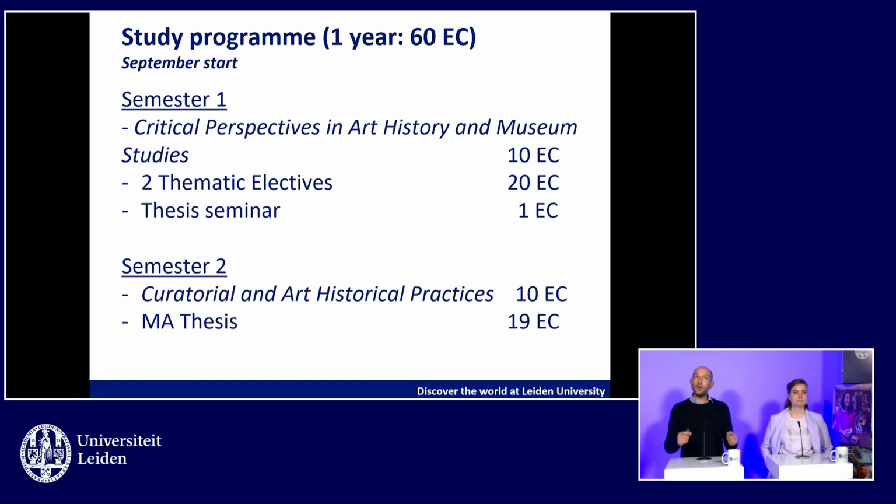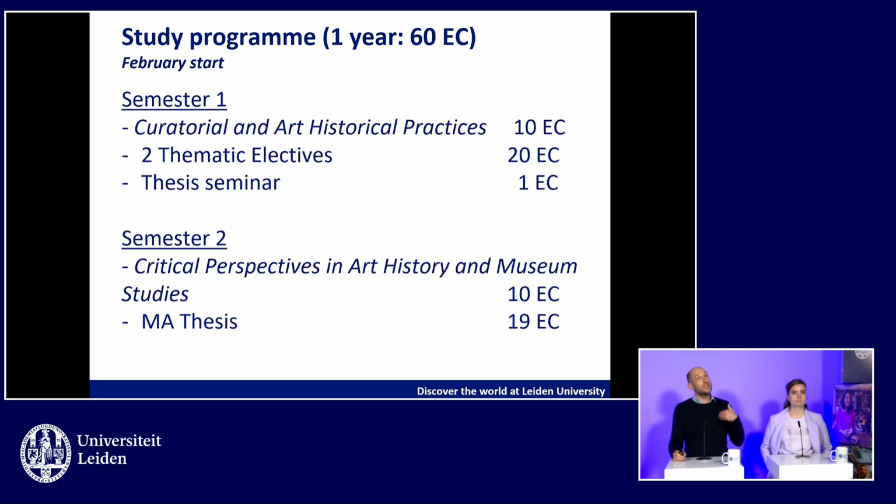In February, that goes upside down. You start with core course 2, the practices of the museum and art history. In the second semester, you have core course 1, the critical perspectives in art history and museum studies, because most people start in September, of course.